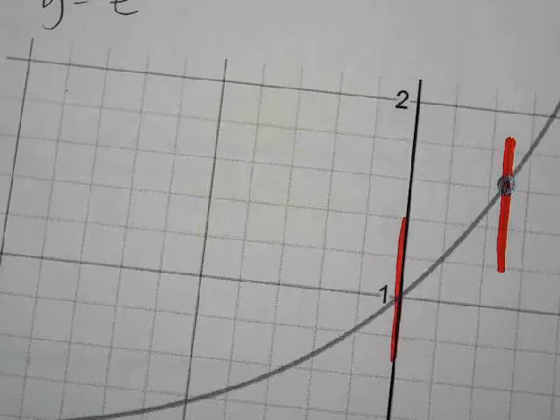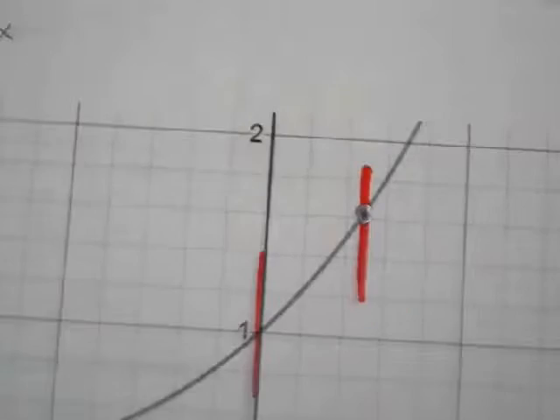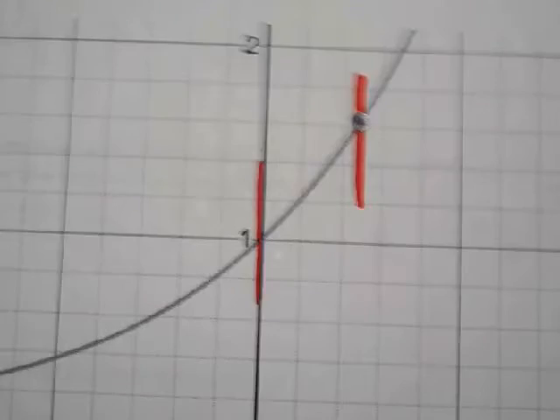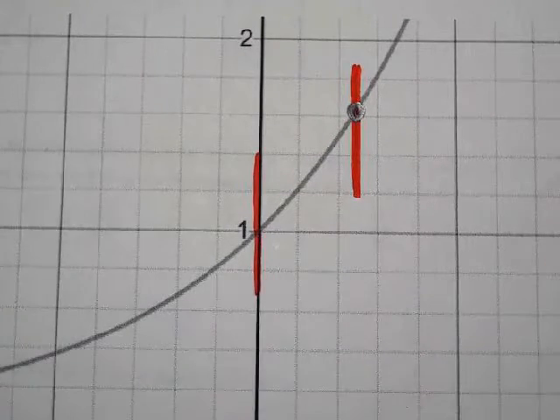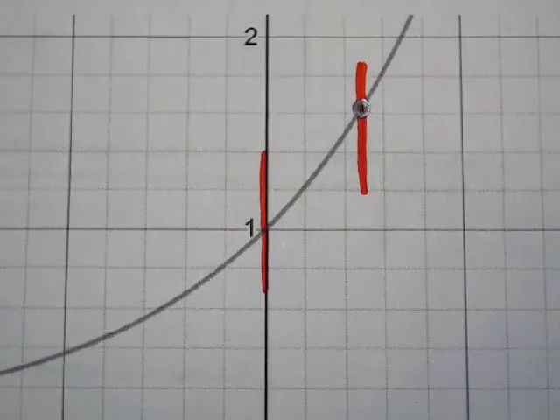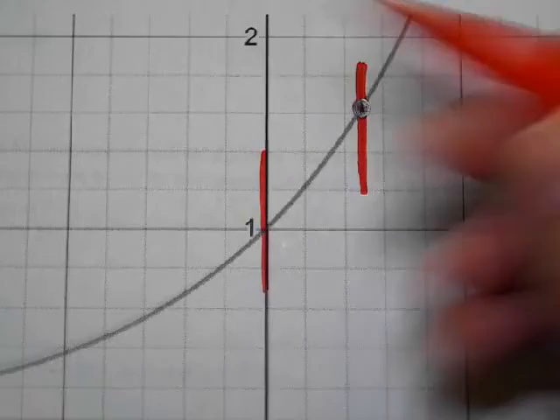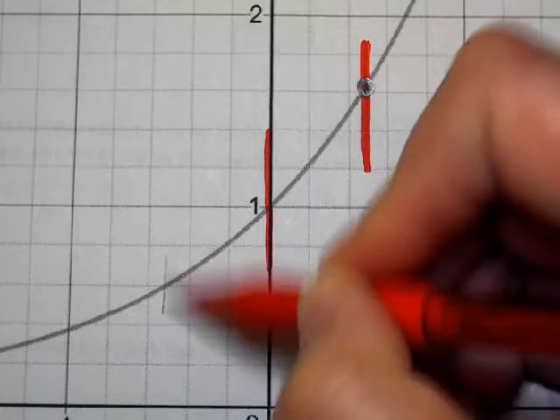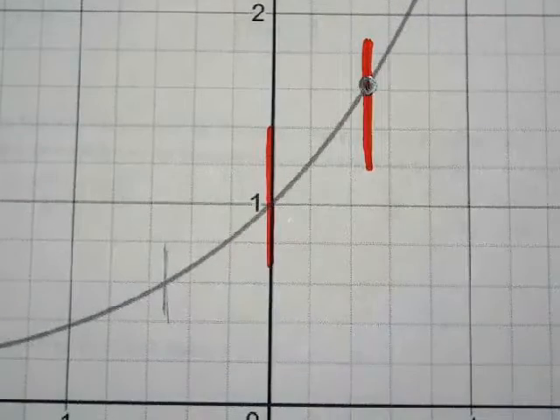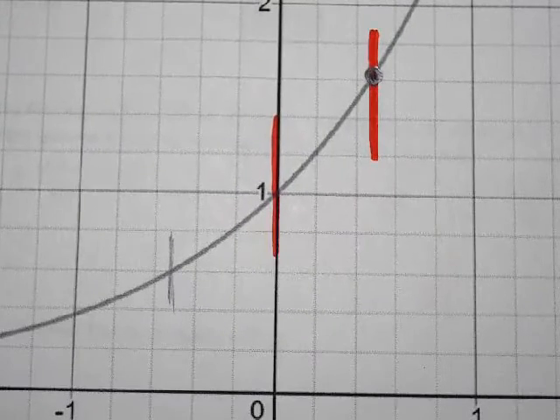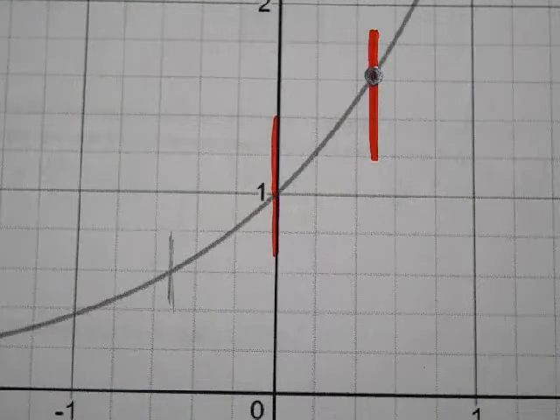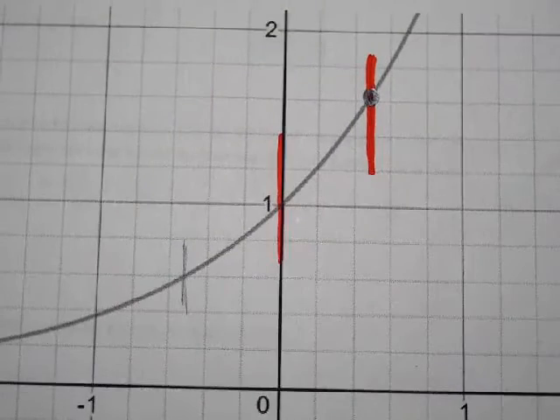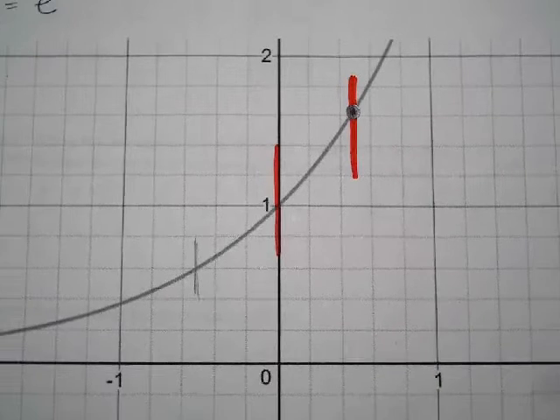It might just be that I drew it by accident. I should have highlighted more. Pretend that I drew this down here, at negative 1/2. So if you look at the graph, this is the graph of e to the x, okay?